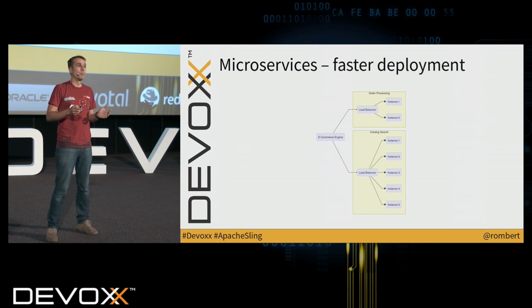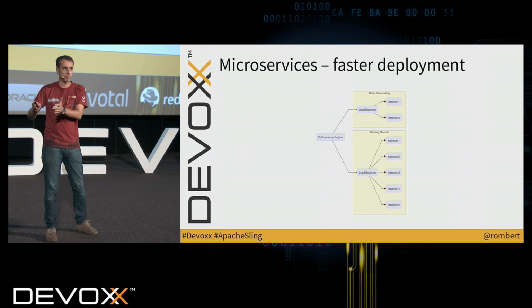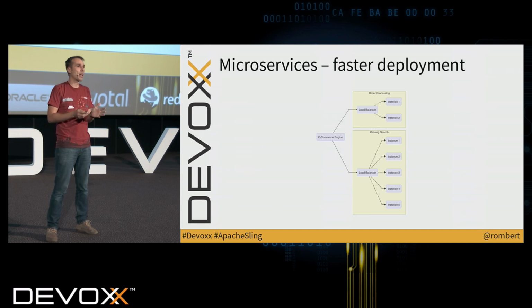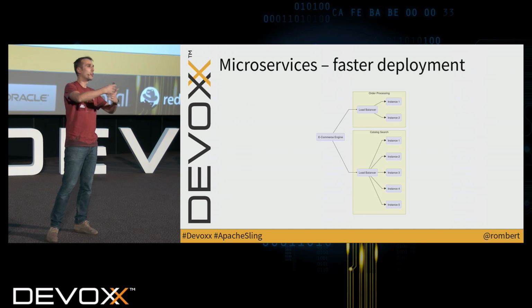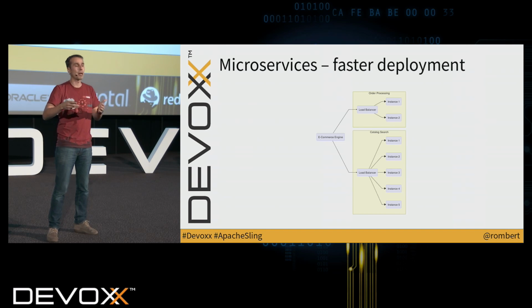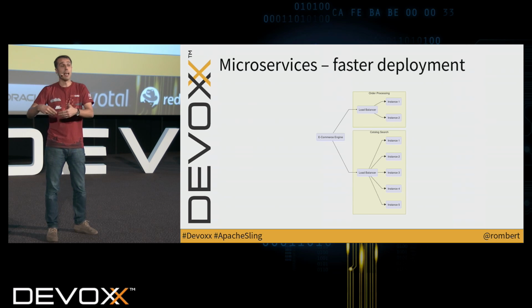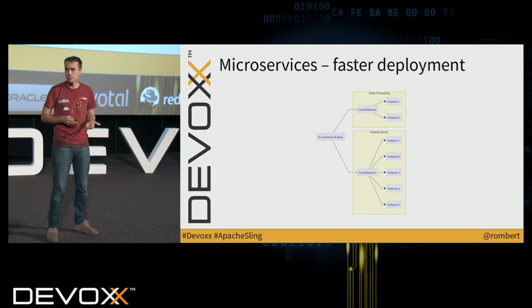Deployment is more or less tied to the scaling idea. You have smaller units, so you don't have to stop the world. You don't have to stop your application while you redeploy or restart a large monolithic application that takes a long time because it does so many things. Microservices will be small, isolated, and ideally start fast.